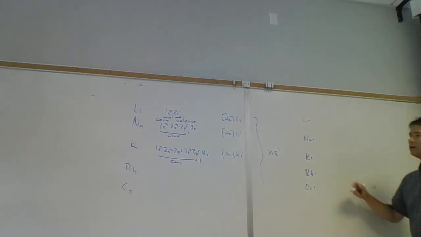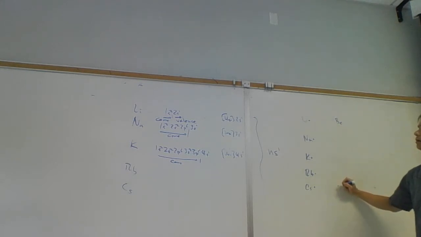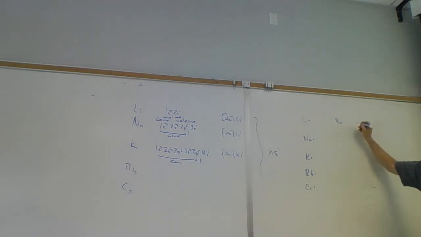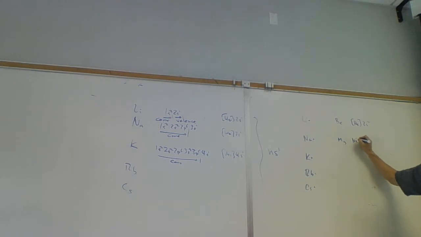So the same thing goes. If we look at beryllium, beryllium would have two valence electrons. It'd be helium 2s2. And then sodium goes to magnesium. Magnesium would be neon 3s2.